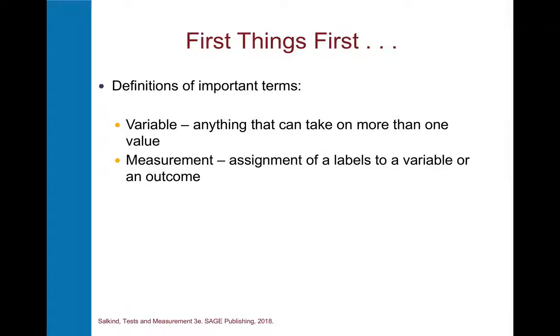So notice that the labels that we apply to the outcomes for these variables can be quantitative, such as, I am 20 years old, or qualitative, such as Rocky Road or mint chocolate chip, whatever flavor of ice cream floats your boat. So that's what a variable is: anything that can take on more than one value, and that value can be quantitative or qualitative in nature.